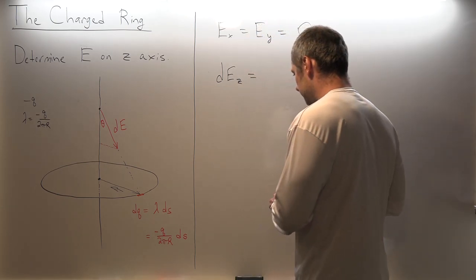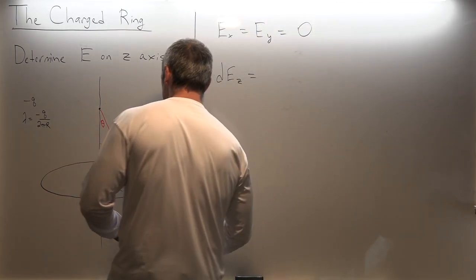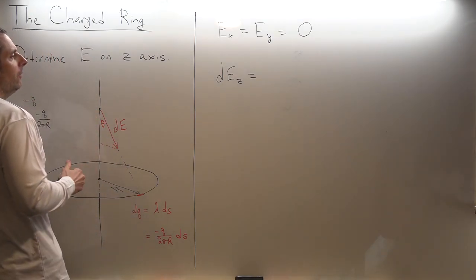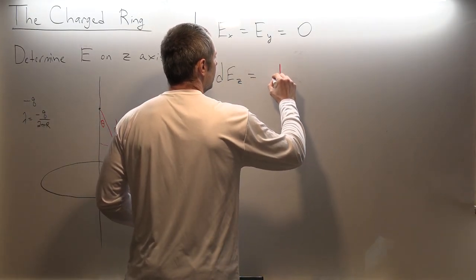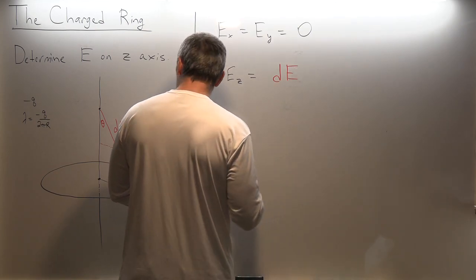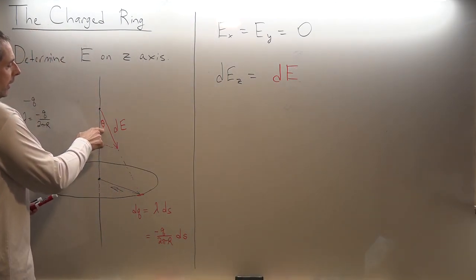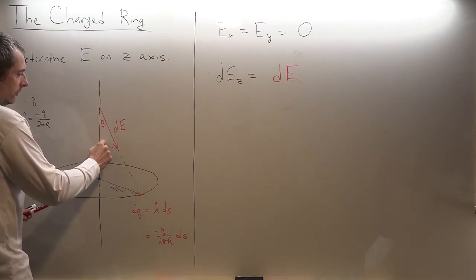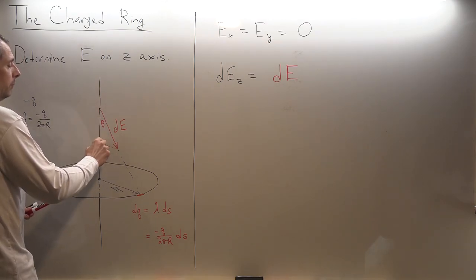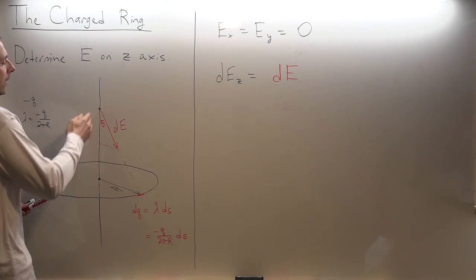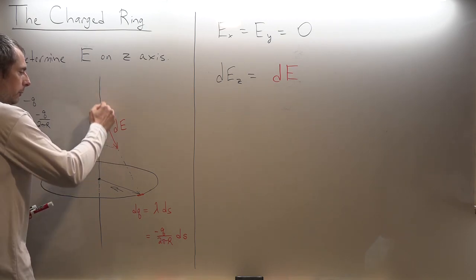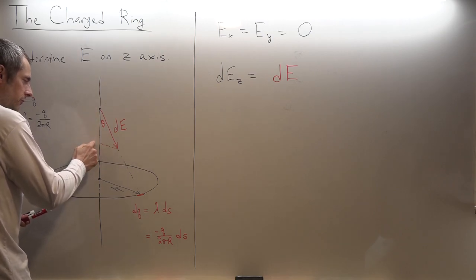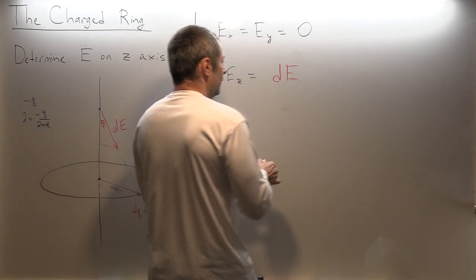What that'll be is this electric field arrow, dE, whatever length it is, times the cosine of this angle, because I have a little right triangle here. It doesn't quite look like a 90 degree because of the perspective, but this is a 90-degree angle right there. So I want this part, I multiply the hypotenuse by cos theta, that gives me the Z component in the downward direction.